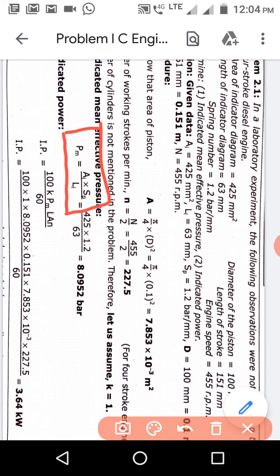So the mean effective pressure we can calculate by using the area of the indicator diagram, the length of the indicator diagram, and the spring constant which we are using in the indicator. In this problem, the area of the indicator diagram, the length of the indicator diagram, as well as the spring number are given, so by using them we can calculate the indicated mean effective pressure.